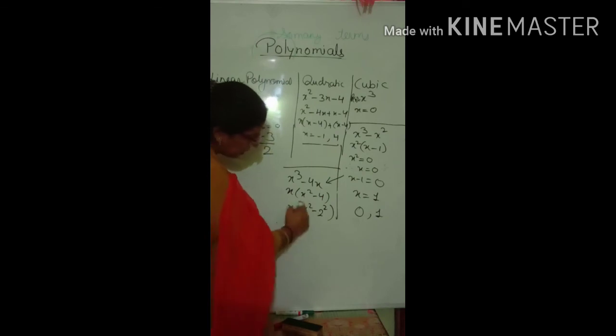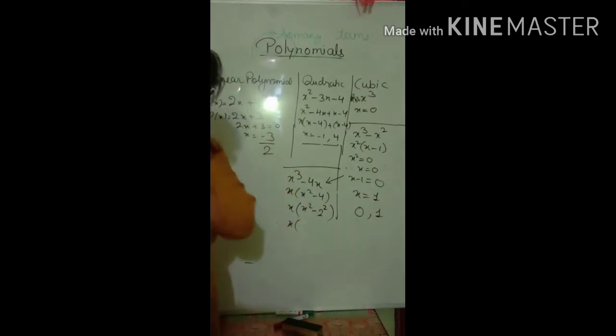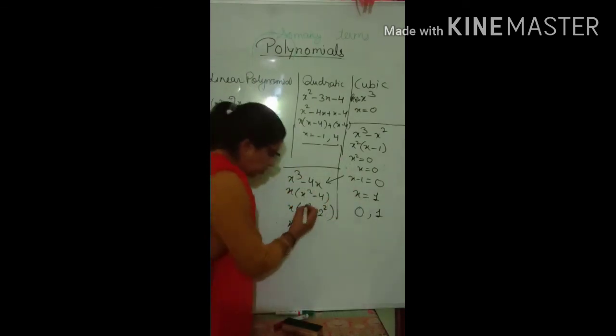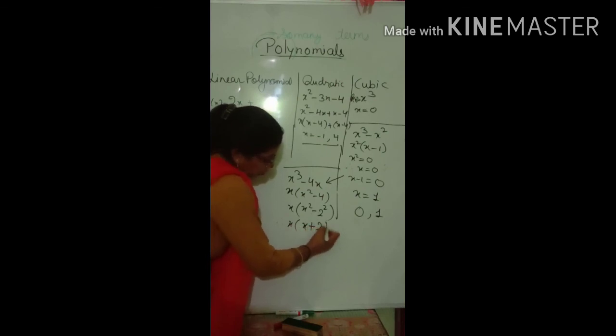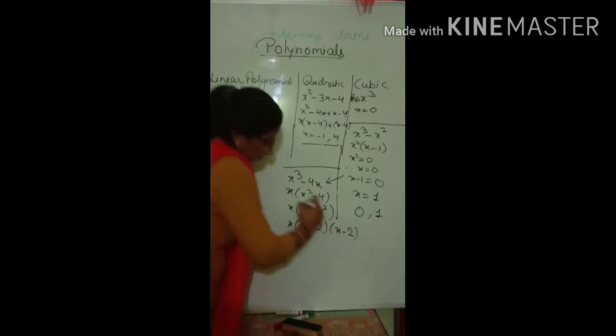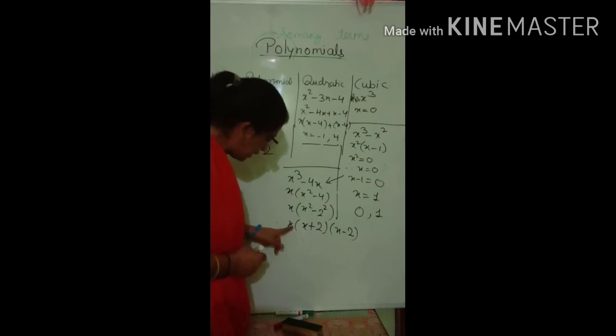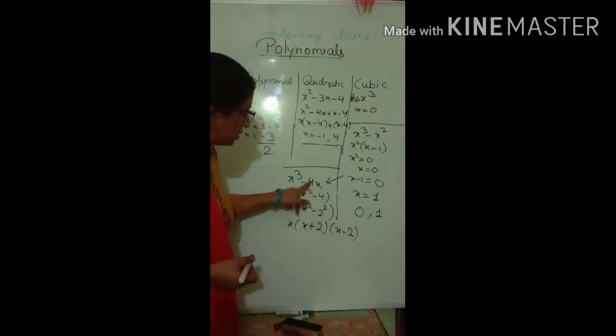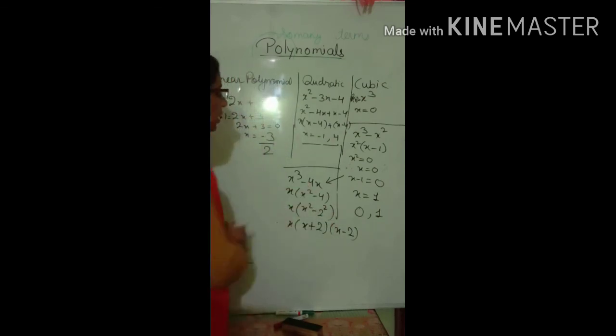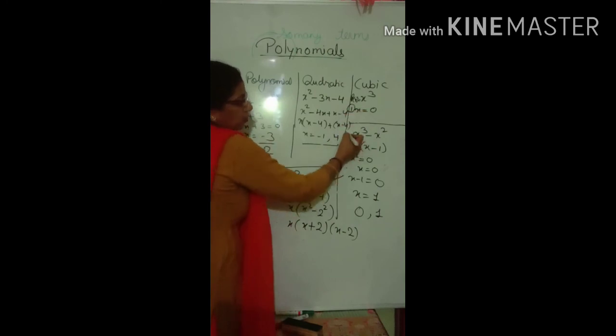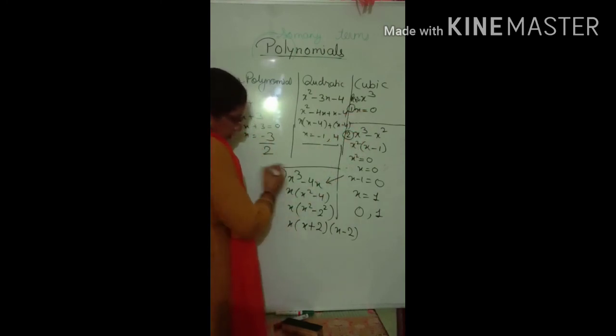So a square minus b square, what can we write? a plus b into a minus b. x plus 2 into x minus 2. So look here, there are three factors of this cubic polynomial. First, second and third.